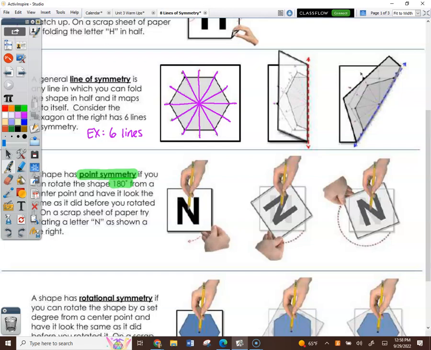Y'all with me? Rotational symmetry of 180 means point symmetry.